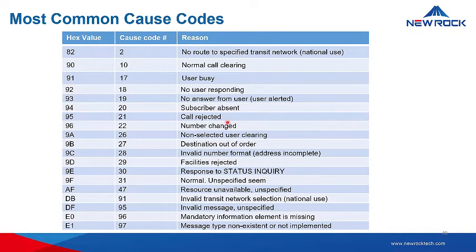With regards to the 97, its message type is non-existing or not implemented. Or some information element. Also there's an issue where we have the hex E0 value, which means that some information element is missing. So we can address that, and of course you can address this to the server as well.